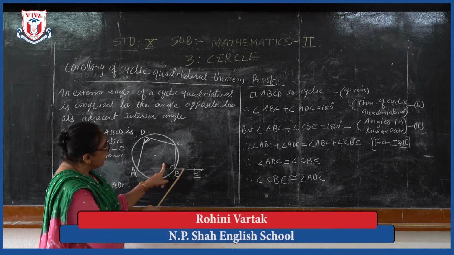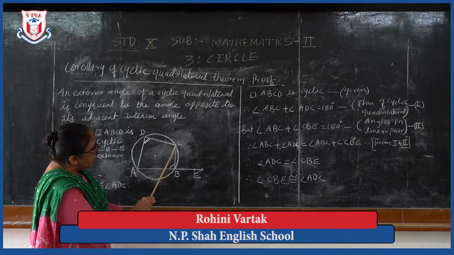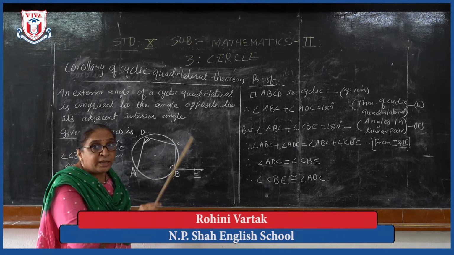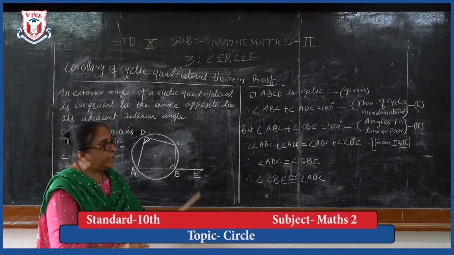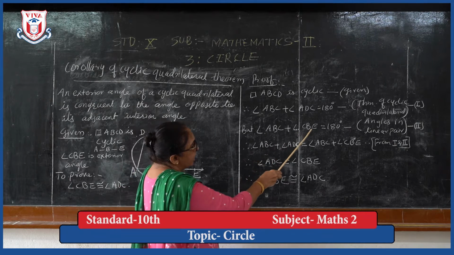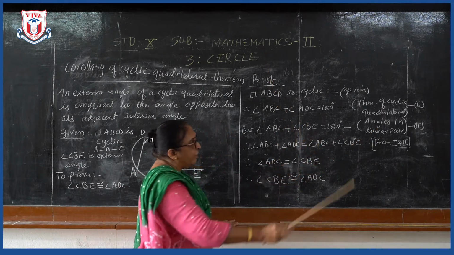So, see that here this is an exterior angle, meaning angle ABC and angle CBE are a linear pair. So, their sum is also 180 degrees. So, you can write the next statement, angle ABC plus angle CBE is equal to 180 degrees, angles in linear pair.